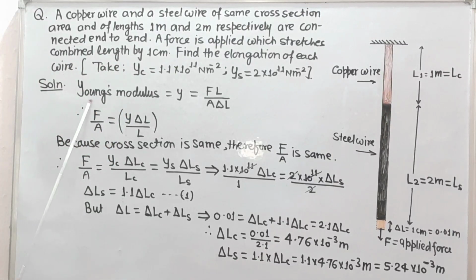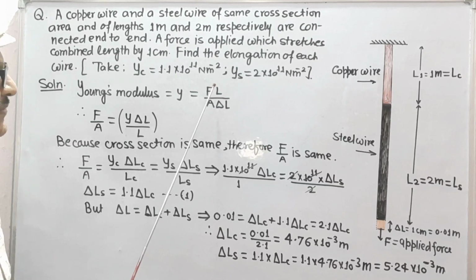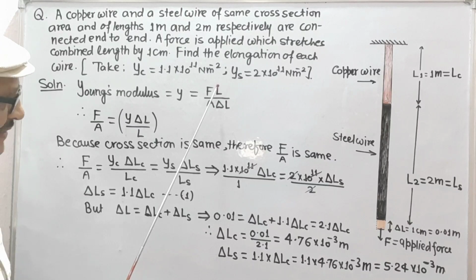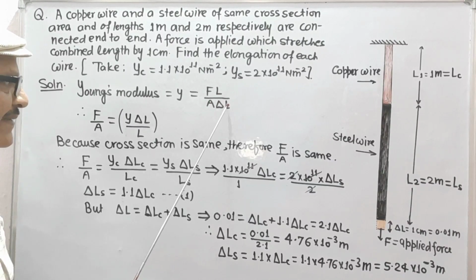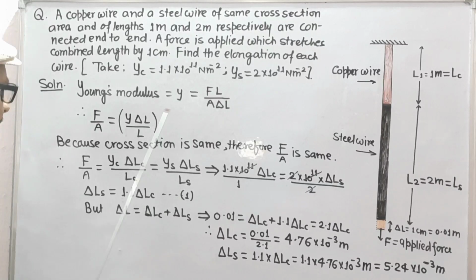Now we know Young's modulus is given by the relation Y is equal to F into L upon A delta L, where F is the applied force, L is the initial length, A is the cross-section area and delta L is the change in length.